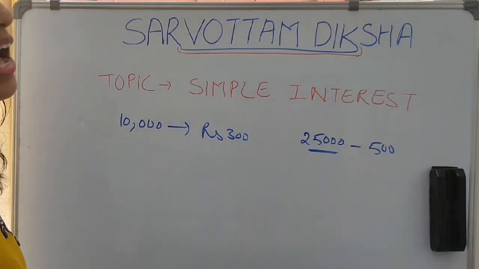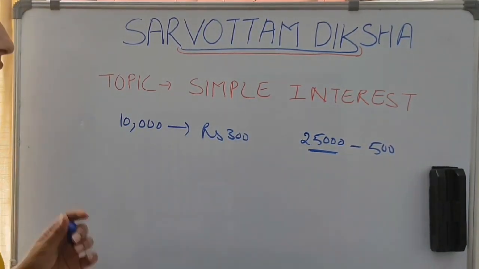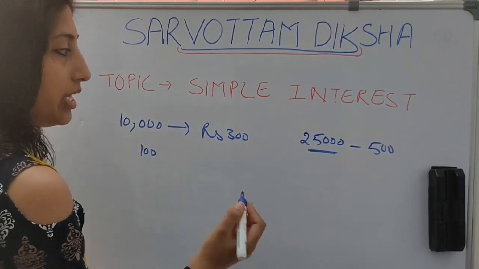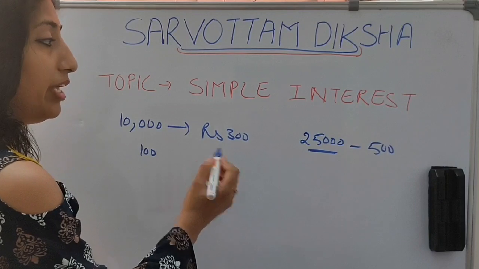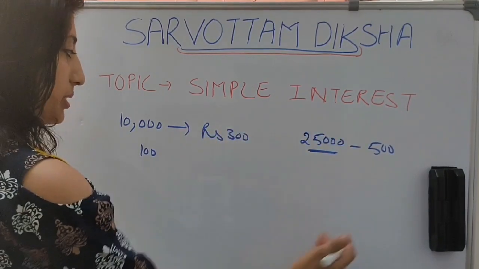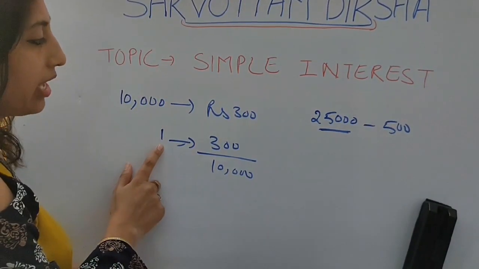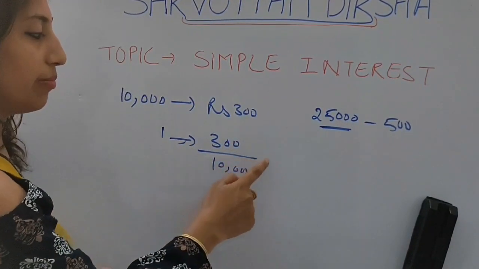Here again I will make my references same. I will see for every 100 how much extra money, how much interest you are paying to me and the second person. Let me do it with unitary method. For 1 rupee, I have to pay 300 by 10,000.